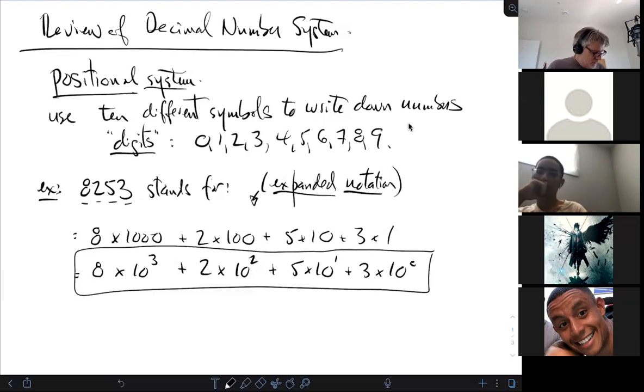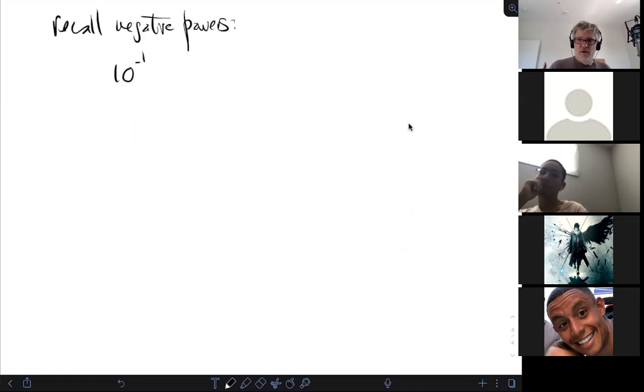So of course we need the powers of 10, and of course we can write fractions also in the same way, and recall the negative powers of 10, right? So let's just take a look at this. So recall negative powers, right? If I write 10 to the power negative 1, it means 1 over 10, right?